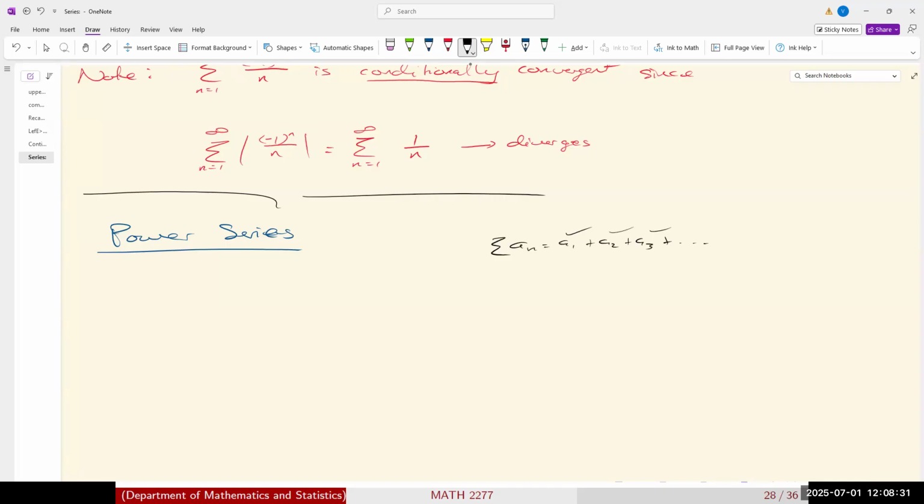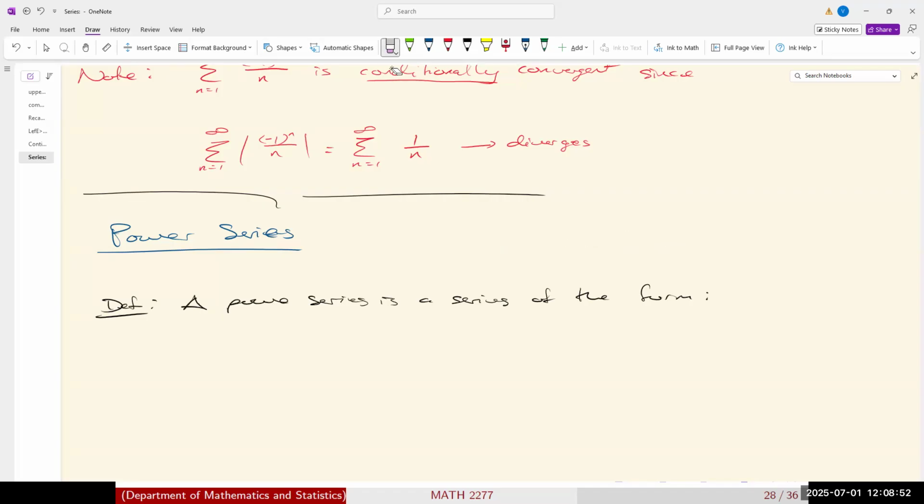So a power series is a series of the form above. Let's just look at the terms of this series.